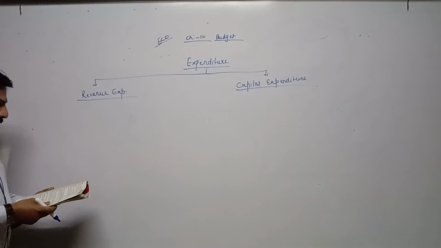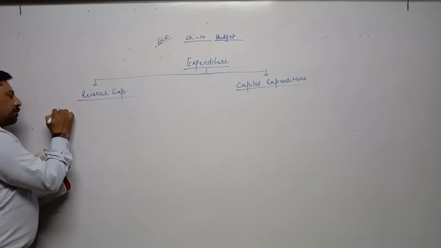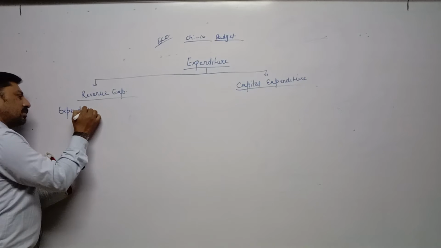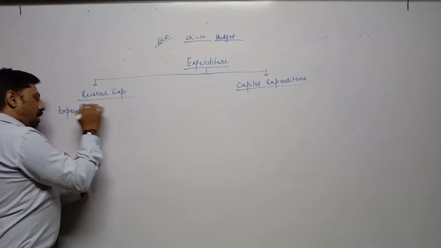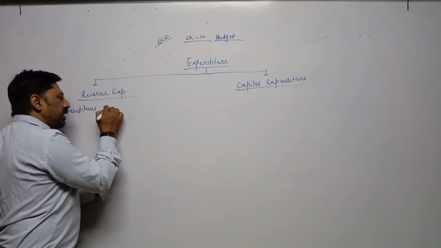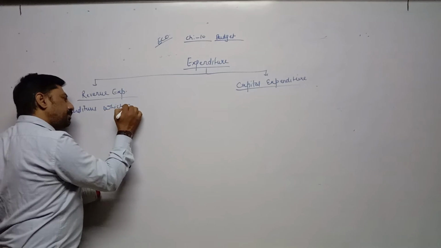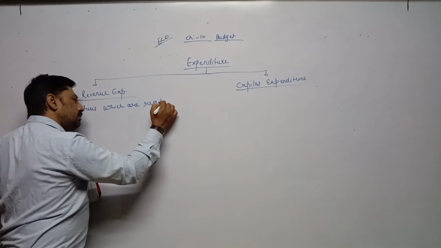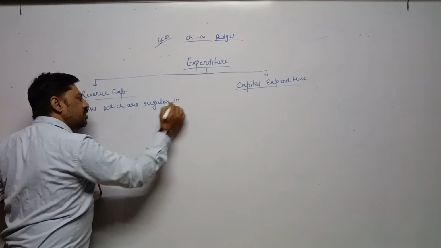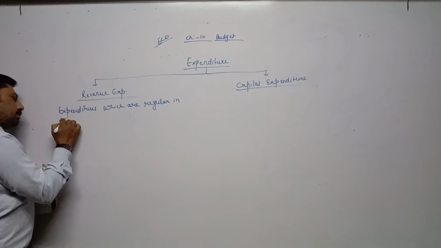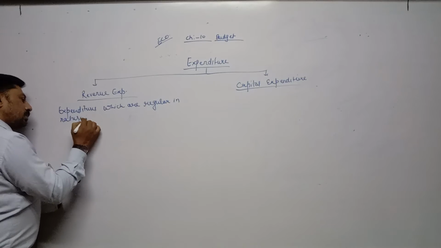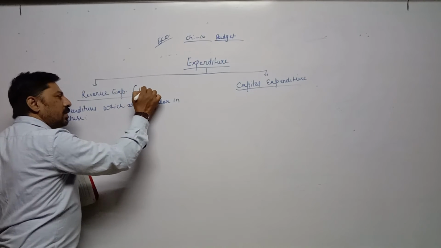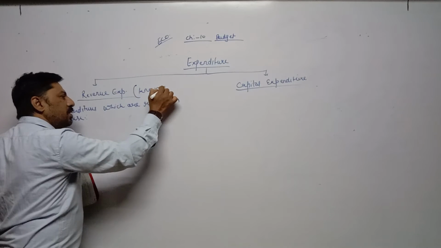Now revenue expenditures, again the same definition, are those expenditures which are regular in nature, or we can say known expenditure.